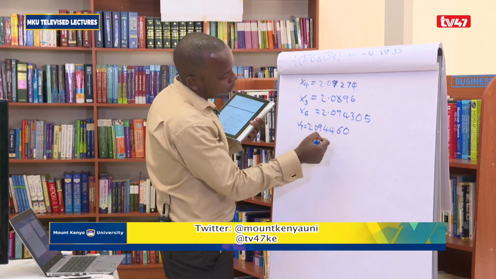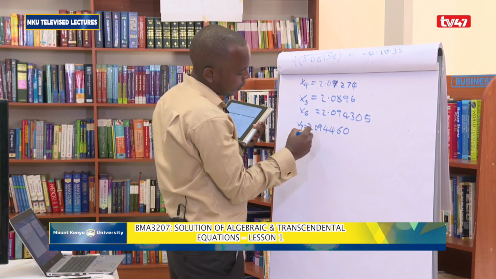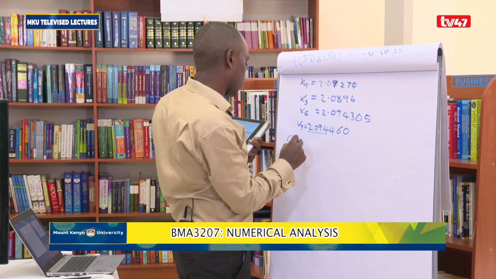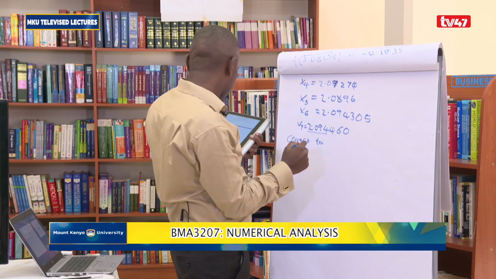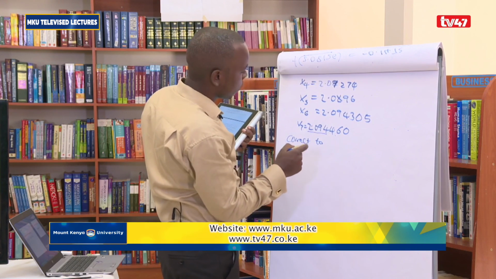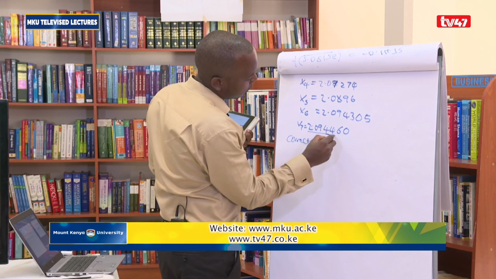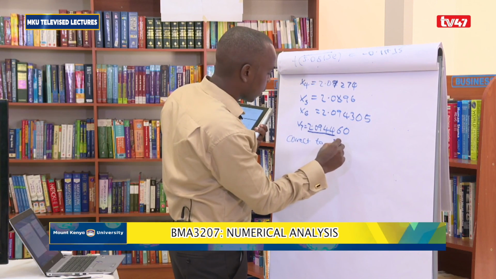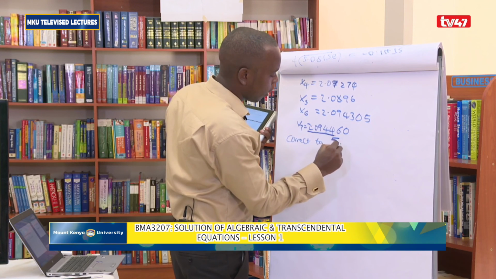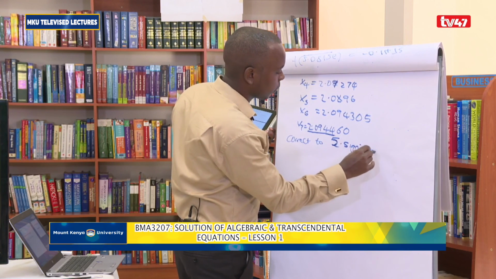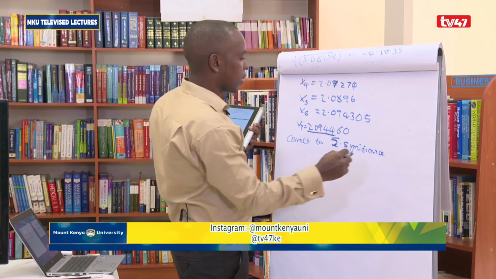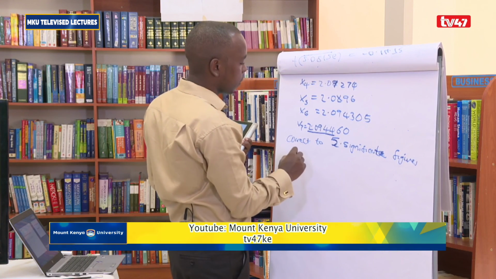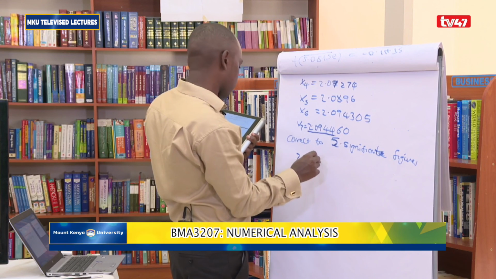So correct to 5 significant figures, we have 2.0945.